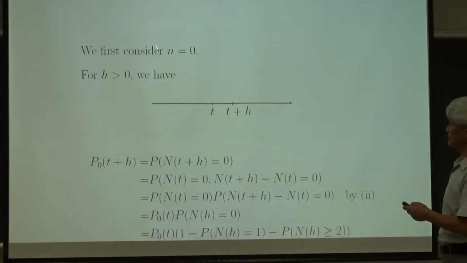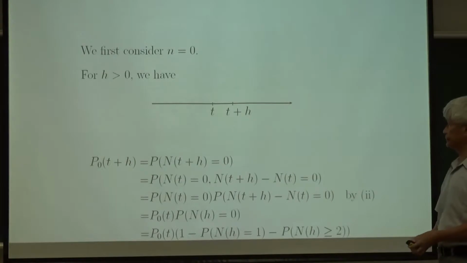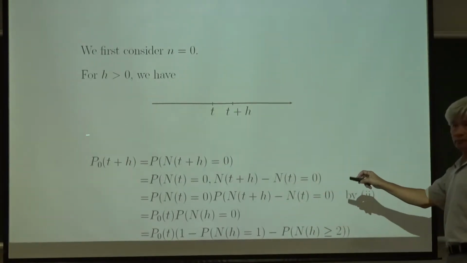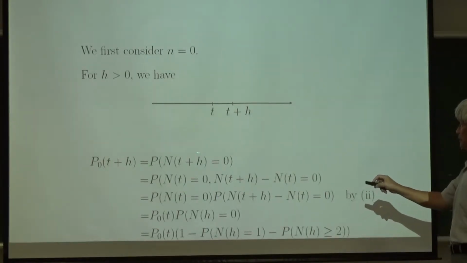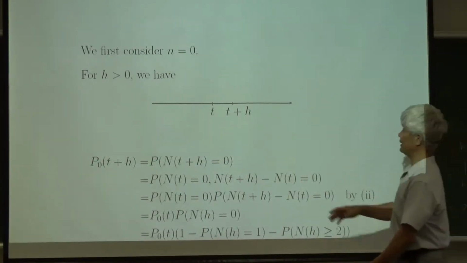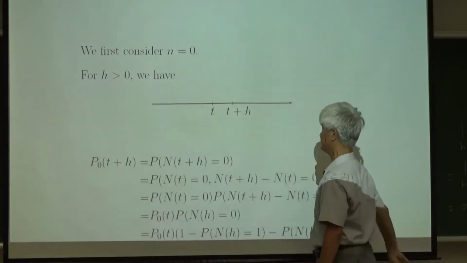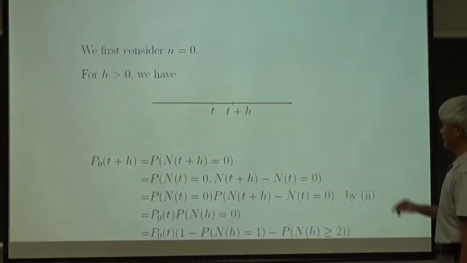Okay, so we first consider n equal to 0. Alright, so what is P_0? So P_0(t+h) is just the probability of this event. Okay, so we have that. This is time 0. This is t+h. Okay.